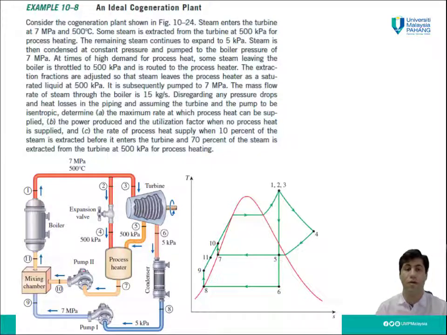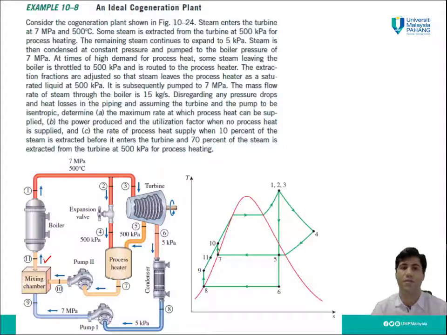Again, we use a second pump to increase its pressure to 7 megapascal. So in the mixing chamber, we have just a mixing of these two lines. Their temperature is different, but their pressure is similar. We use this mixing chamber to have a liquid at a common, equilibrium temperature.